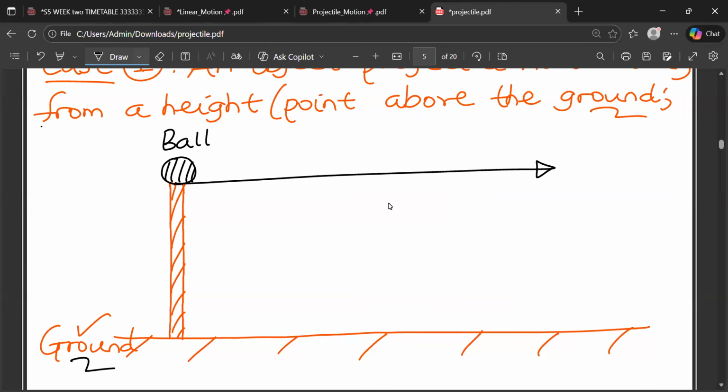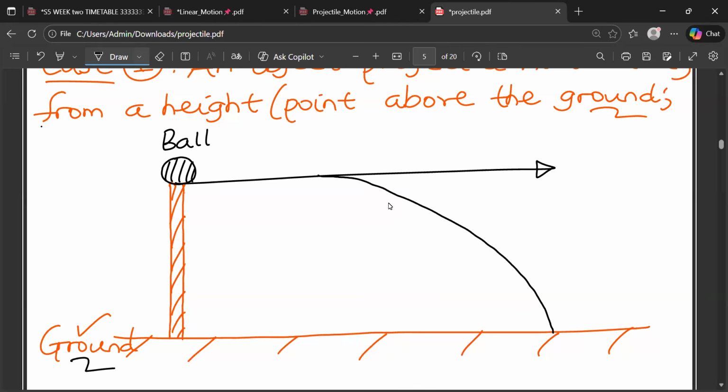We expect it to do what? To fall back to the ground at some point. So I can just have my sketch like that, or you can decide to make it longer. It's the same thing. So that is my sketch. I want you to be getting whatever I'm going to be doing, because when I leave you at any one point, you're going to be totally lost.